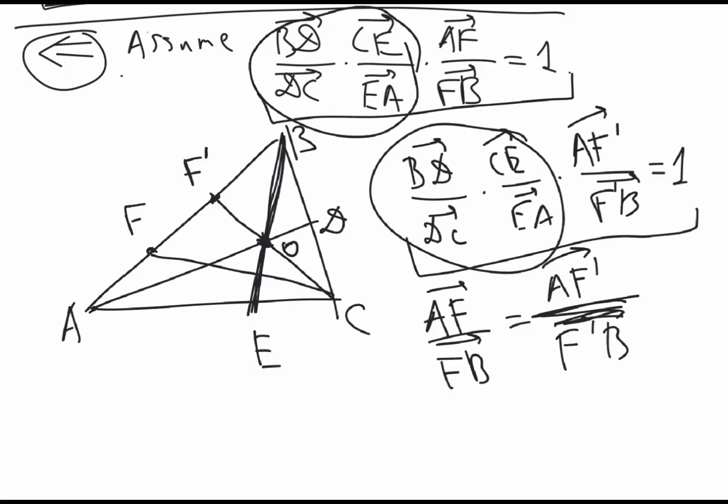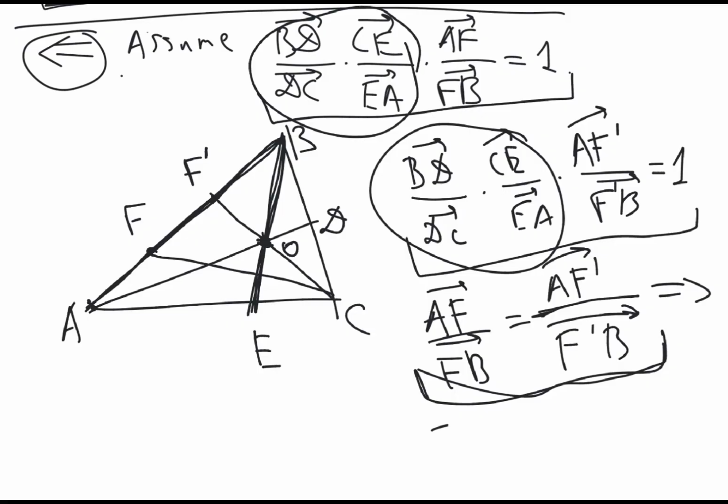But from this it obviously follows that F and F prime are the same point, because we can divide the segment AB in a given ratio only in a unique way. So from this it follows that F and F prime is the same point.